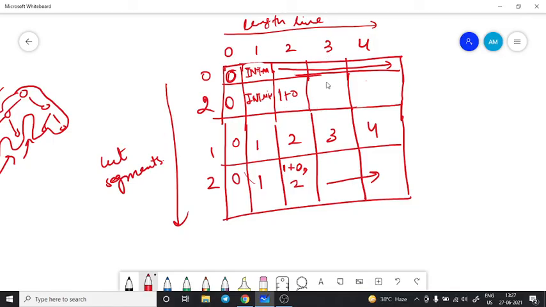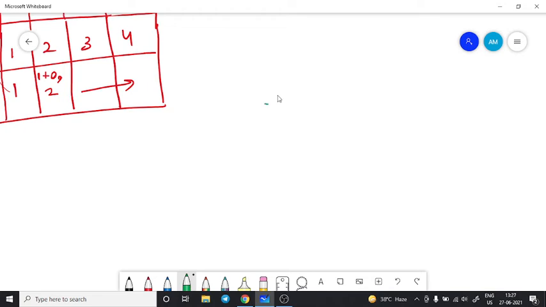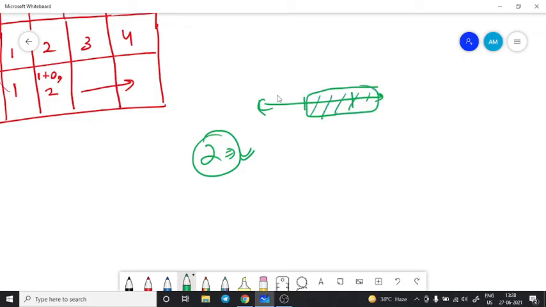Now if I come back to 3, what do you think the answer would be? Let us take it here. If only one cut segment was allowed to us, that is of length 2, and I had to cut these 3 segments, for the first cut segment I could cut this entire length with 2.